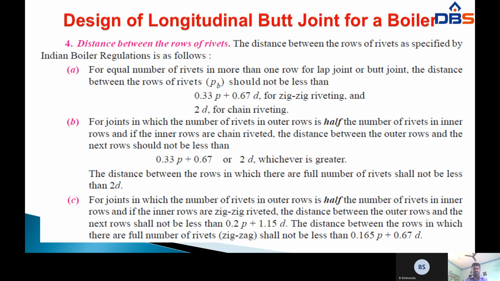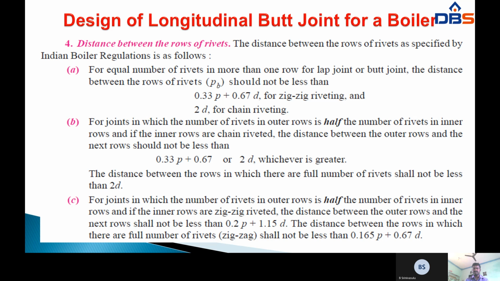The distance between the rows in which there are full number of rivets shall not be less than 2d.